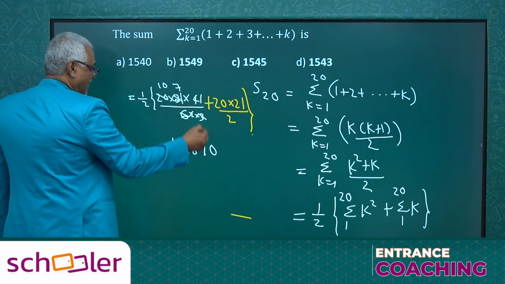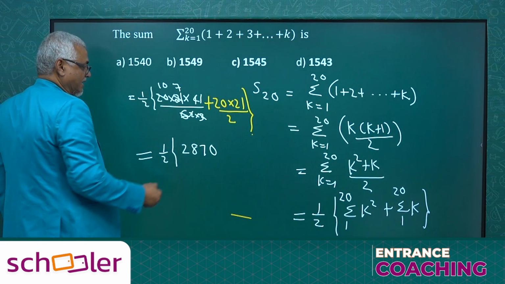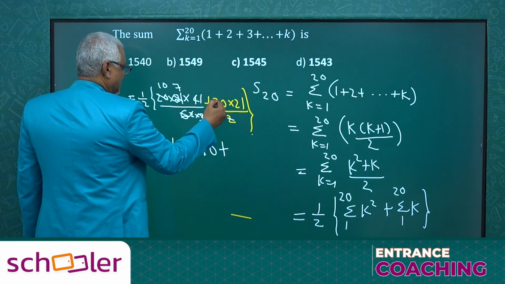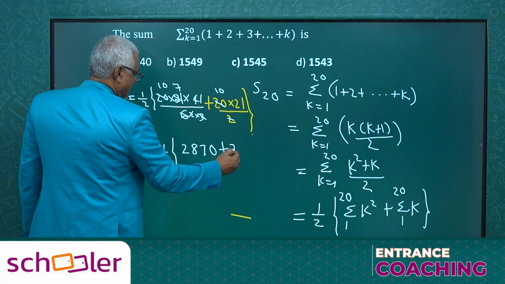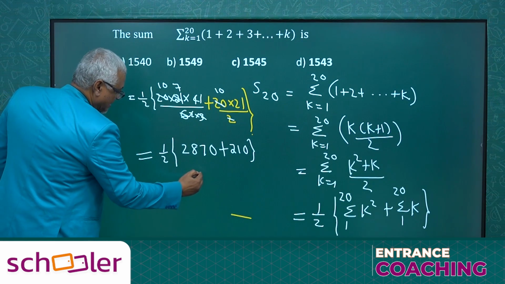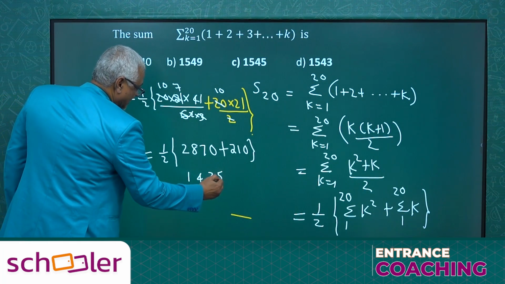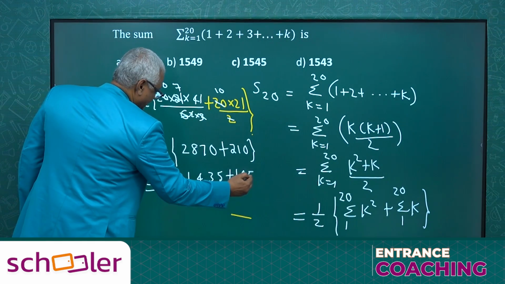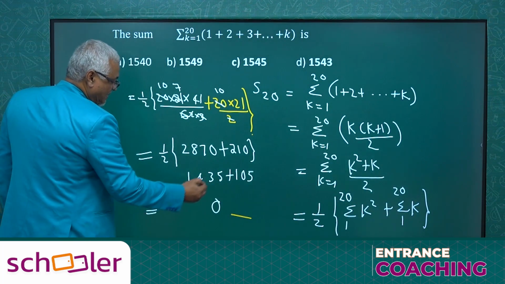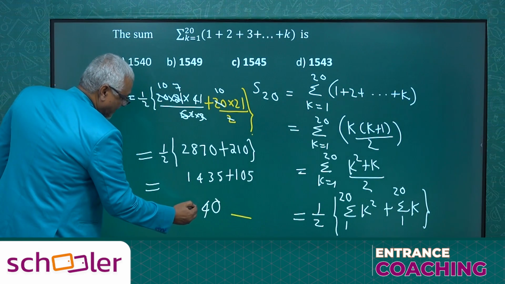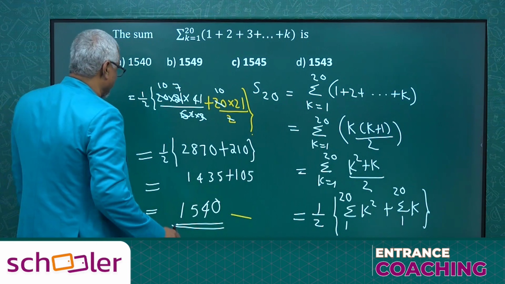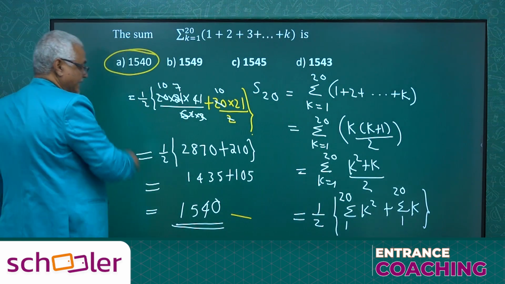Plus here, the 2 cancels with 20, 10 times, so 210. Then divide by 2: 1435 plus 105. And what is the sum? The sum is 1540. 1540 is the answer.